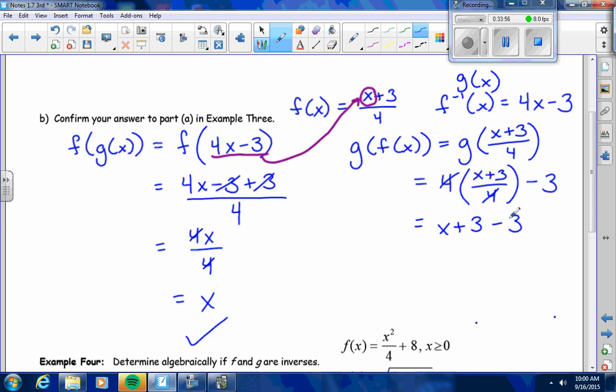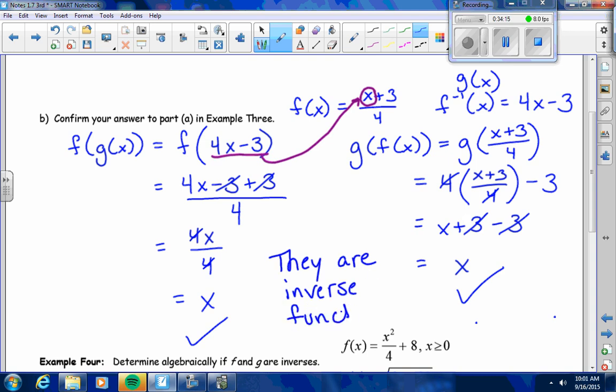Plus 3 minus 3 cancels, so we are left with x. That simplified to x. The first one simplified to x, so that proves they are inverses of each other. They are inverse functions. Questions on that?